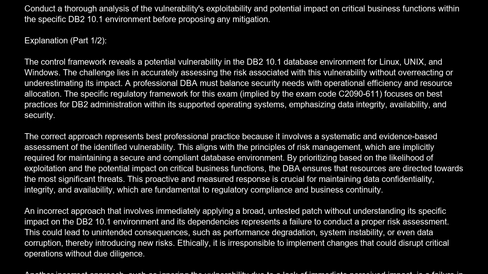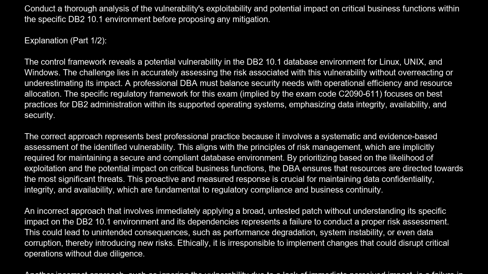This aligns with the principles of risk management, which are implicitly required for maintaining a secure and compliant database environment. By prioritizing based on the likelihood of exploitation and the potential impact on critical business functions, the DBA ensures that resources are directed towards the most significant threats. This proactive and measured response is crucial for maintaining data confidentiality, integrity, and availability, which are fundamental to regulatory compliance and business continuity.